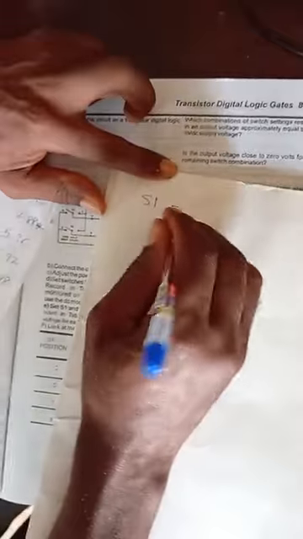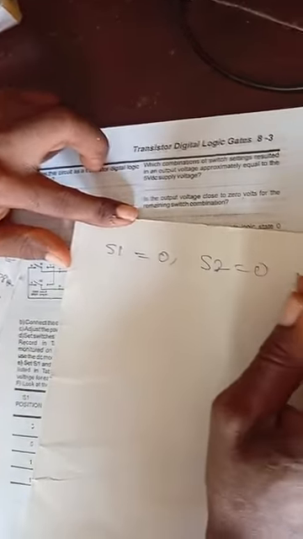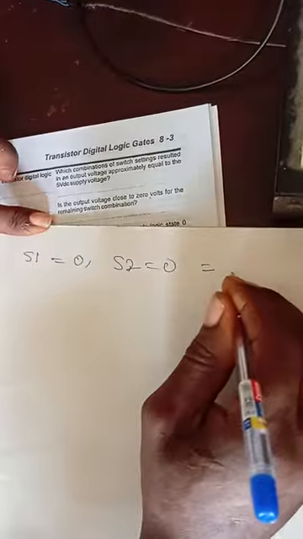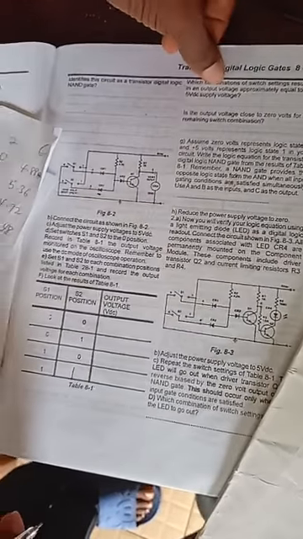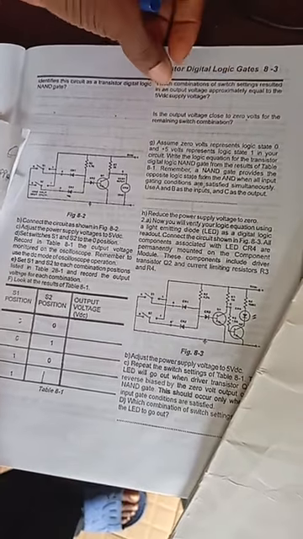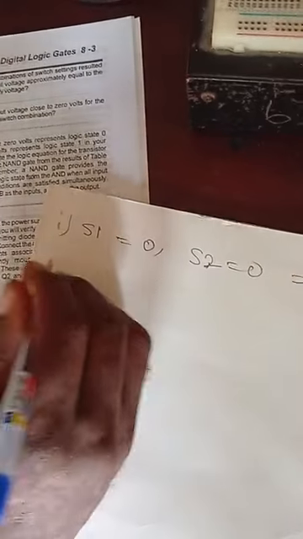When switch 1 equals 0 and switch 2 equals 0, we have approximately 5 volts. They asked which combination of switch setting resulted in output approximately equal to 5 volt DC. The first one is this first combination.